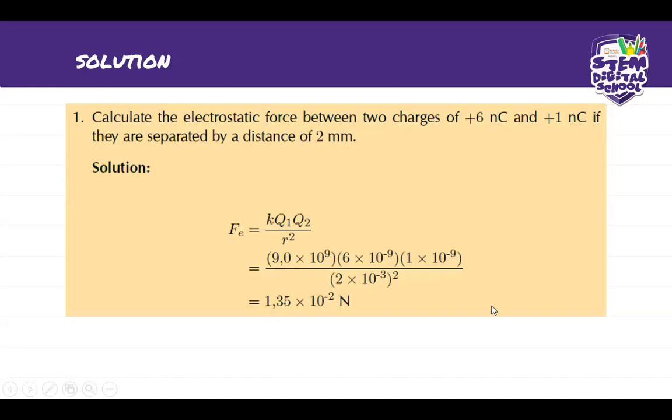It's given two charges separated by a distance. But this one, you see, this is a repulsive force because these are like charges. So they are moving away. Because remember when we work with ions, magnitude, we always state the sign.